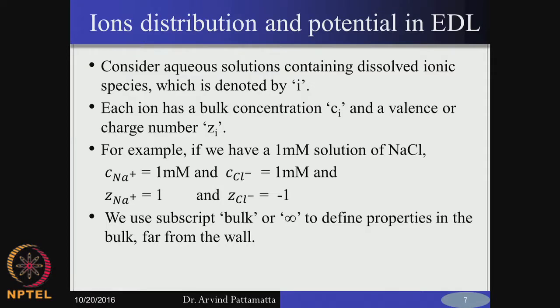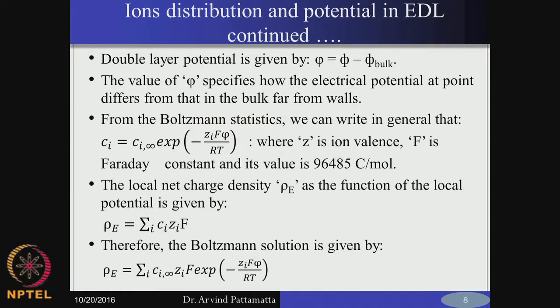We have taken the example of an aqueous solution of, say, sodium chloride, and we said that you assume the bulk is electrostatically neutral, with an equal number of Na+ ions and Cl- ions, and the valence number, which denotes the charge, will be equal and opposite in this case. Therefore, the next part is to calculate the local net charge density rho e.